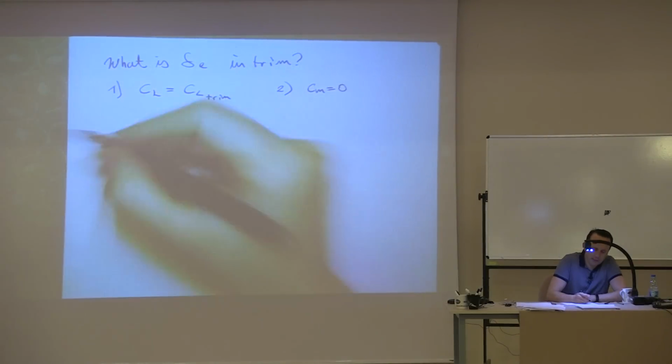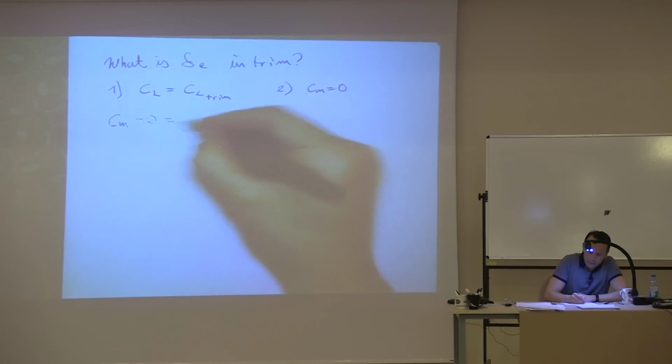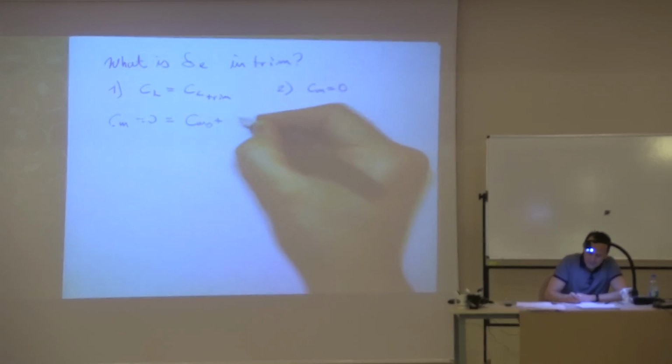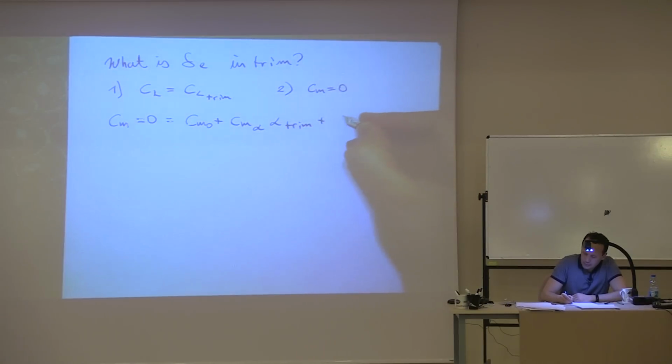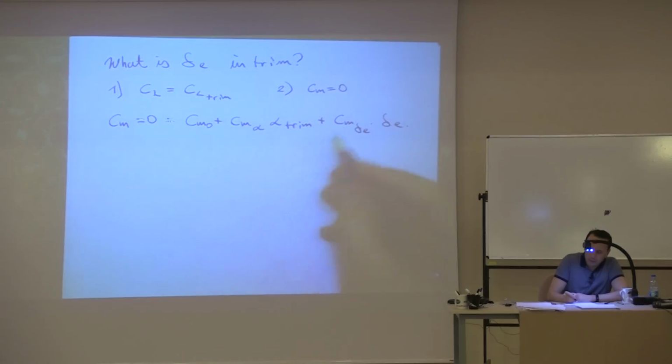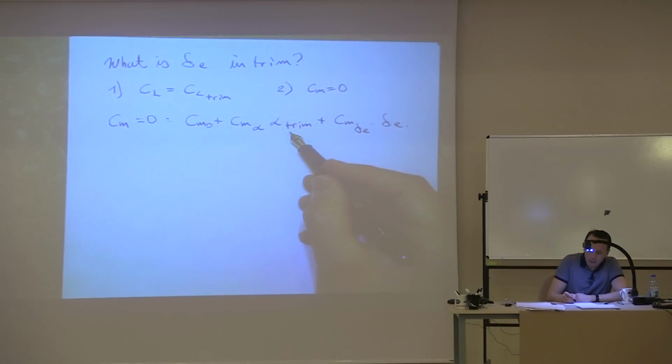So you could really say this, Cm is equal to 0, and that's equal to Cm0 plus Cm alpha times alpha trim plus Cm del E times del E. You see, when you are in trim, Cm is equal to 0, but that corresponds to alpha trim, right?